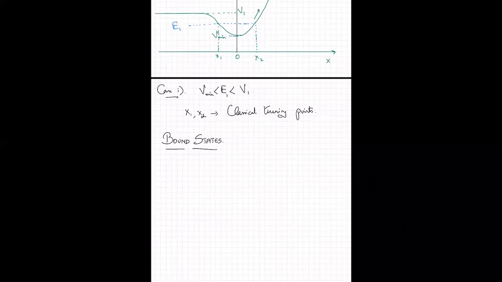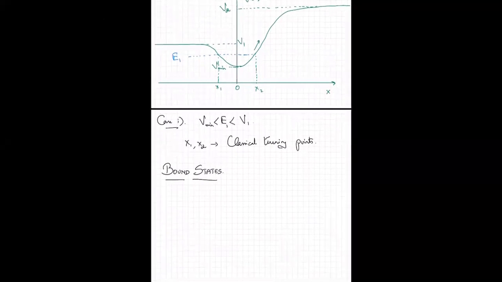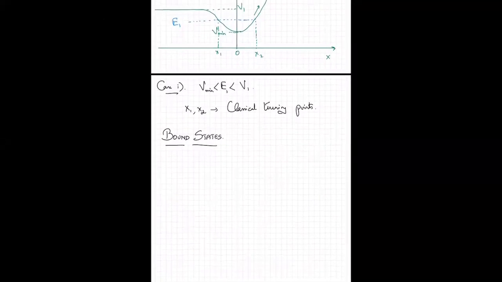But what I can basically tell you is that for such states in quantum mechanics, if I go far enough in x on either side, I should not be able to find the particle in quantum mechanics also. In other words, I'm looking for solutions of the Schrodinger equation such that the wave function goes to 0 as x goes to plus minus infinity. Okay.